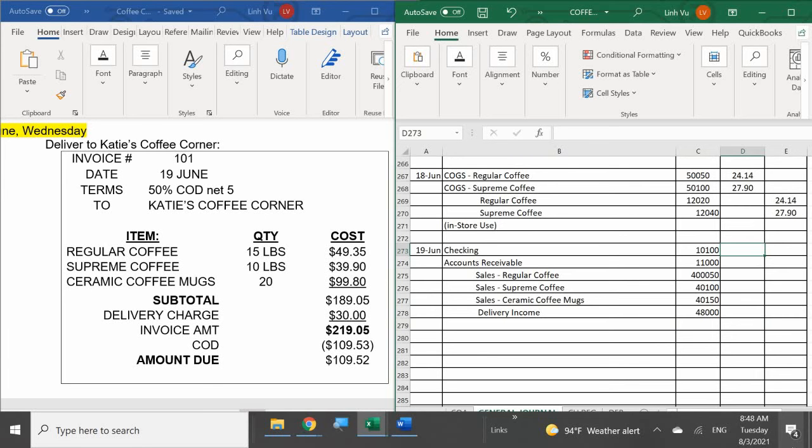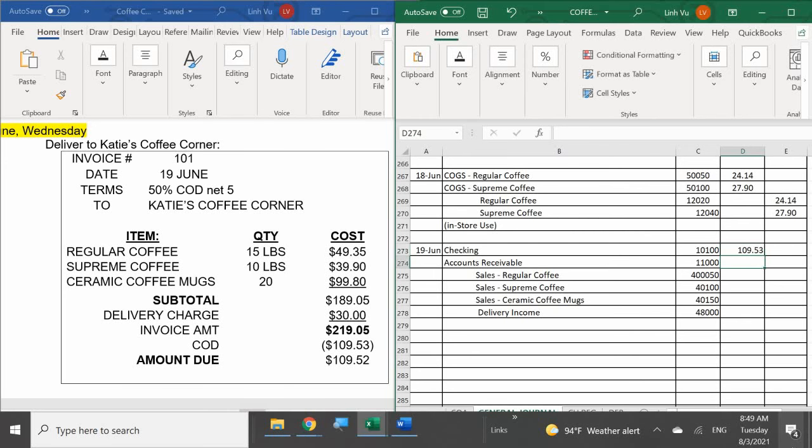Because the COD is the cash that they gave us, which is the 109.53. Is that correct? Yes. So 109.53 is the cash that I'm going to be receiving and putting in my checking account.